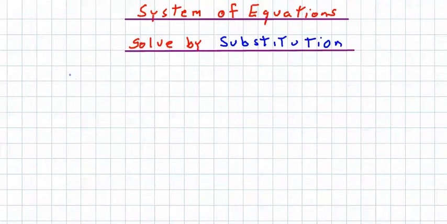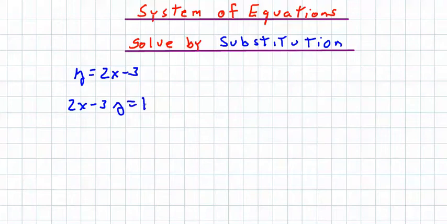Yesterday we looked at equations that look something like this: y equals 2x minus 3, and 2x minus 3y equals 1. You don't need to write this down. We took the equation that was solved for y, the 2x minus 3 part, and substituted that in for y.